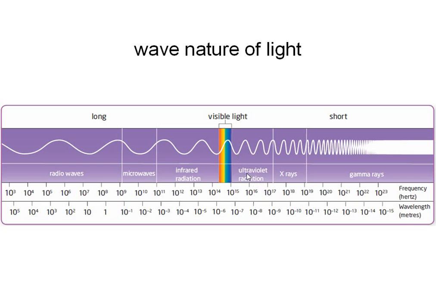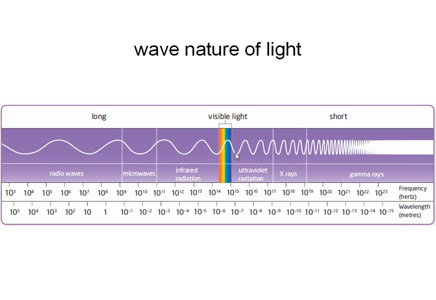Ultra means more than, higher. So more than violet, more than purple. So it is ultraviolet. You know ultraviolet. When you were a small child, you heard of this thing. That is UV ray.